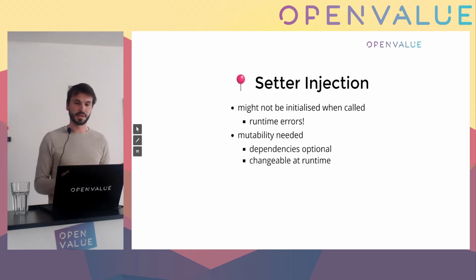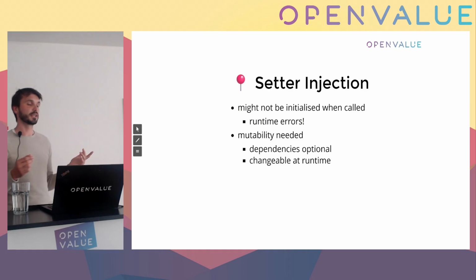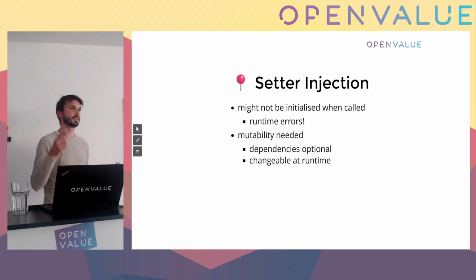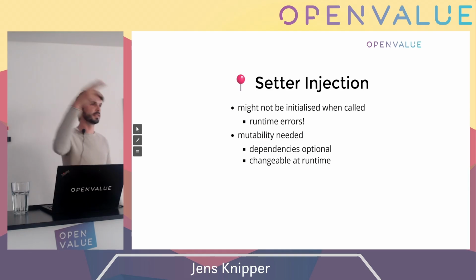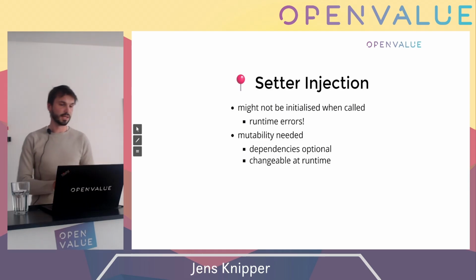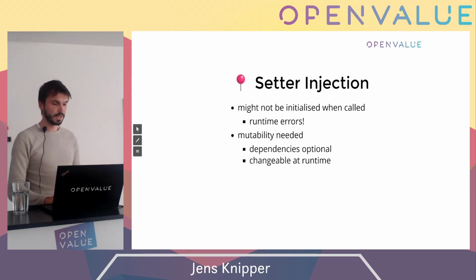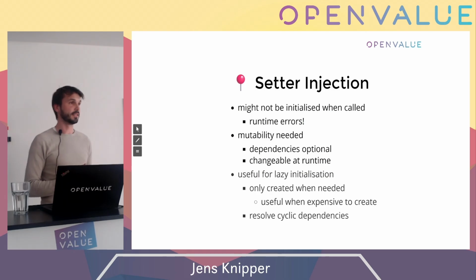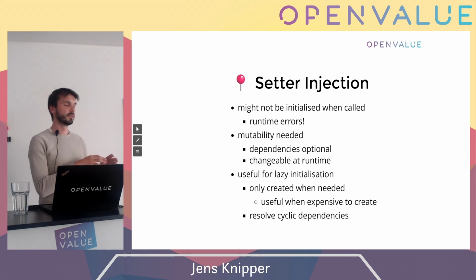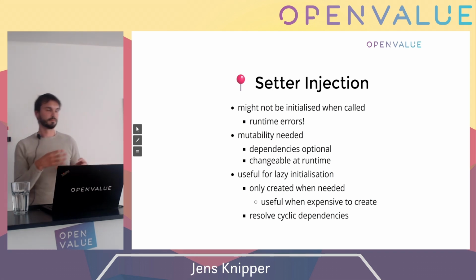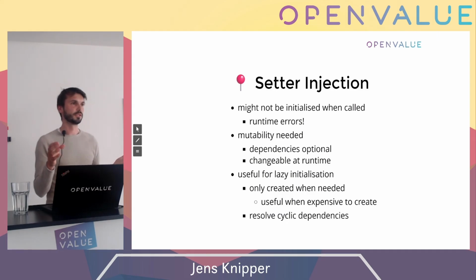It's actually a good thing if mutability is needed, so you can actually change dependencies at runtime. You could say something like this: for the first call, we use this dependency, for the second, something else. Totally doable. And it's actually useful for lazy initialization. So you can also do things like create the dependency only when it's needed, super nice when you want to keep startup time short.